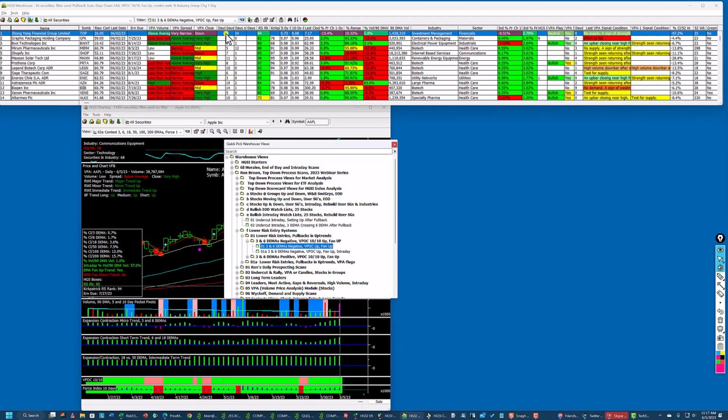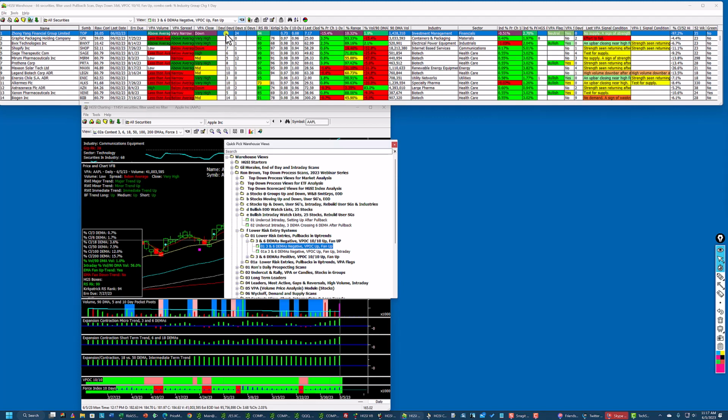So I'm looking for stocks that are pulling back in the long-term trend. Notice it says trend up. I'm sorry, fan up. Right here.